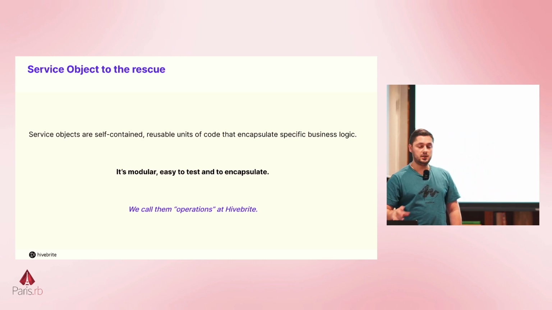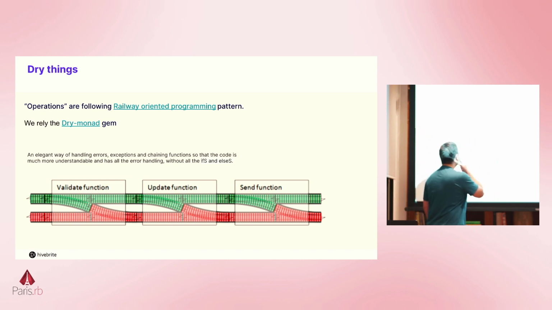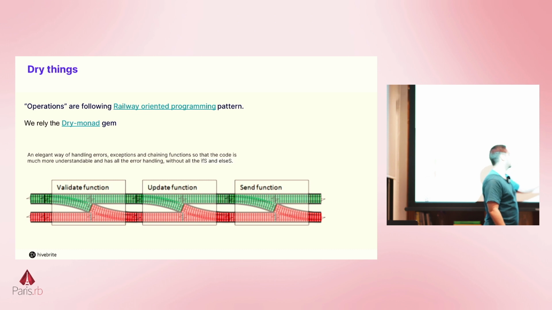But yeah, we use a special kind of services. We follow the railway-oriented programming pattern, and we use a super cool gem that provides this free of charge, which is dry-monads. So to give you an example, it's used for basically chaining your business logic and focusing mainly on the happy path, which is the green line here, the green rail, right?